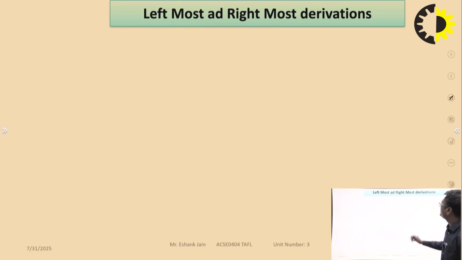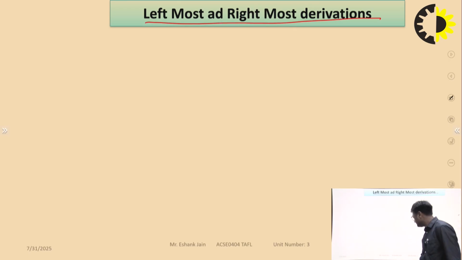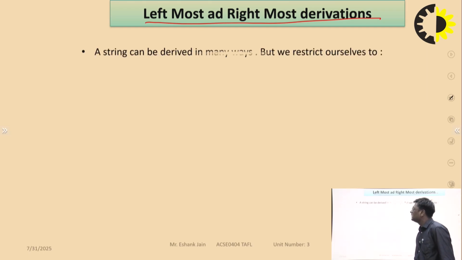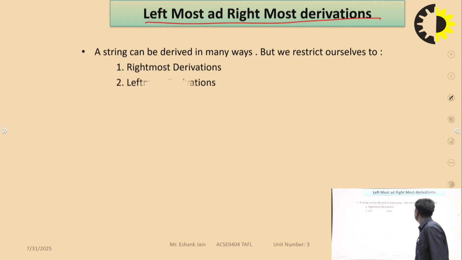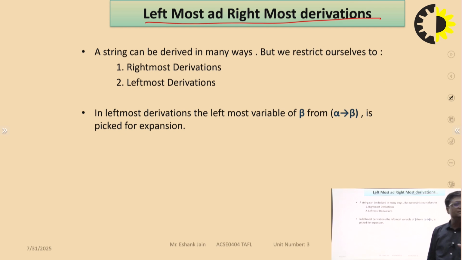Now we take another topic: what are leftmost derivation and rightmost derivation. A string can be derived in many ways, but we restrict ourselves to only two derivations, leftmost derivation and rightmost derivation.